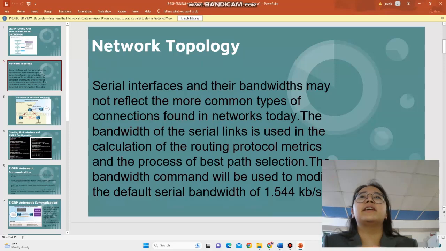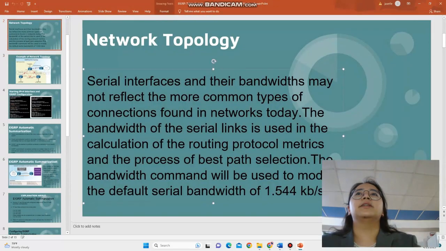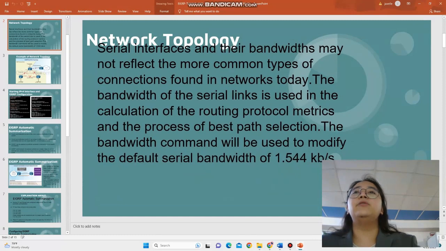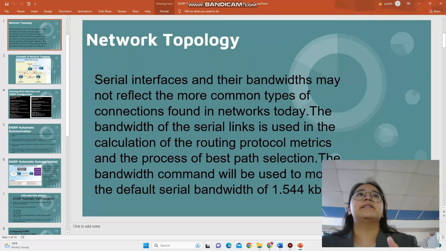And then, let's proceed. So, network topology. Serial interfaces and their bandwidths may not reflect the more common types of connections found in networks today. So, the bandwidth of serial links is used in the calculation of routing protocol metrics and the process of best path selection. So, the bandwidth command will be used to modify the default serial bandwidth of 1544 kbps.